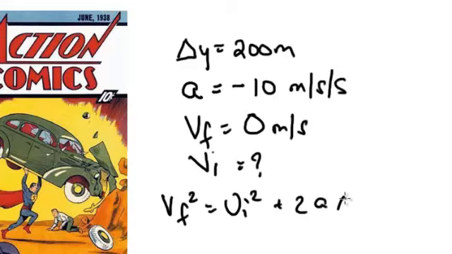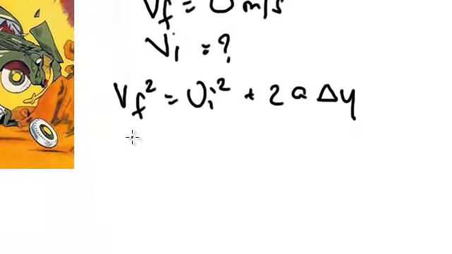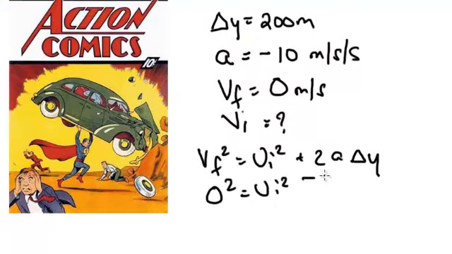And we don't have any time here, so the equation we would use is Vf squared equals Vi squared plus 2a delta y. So we have 0 squared equals Vi squared minus, well, let's see, 2 times 10 is negative 20, times 200.